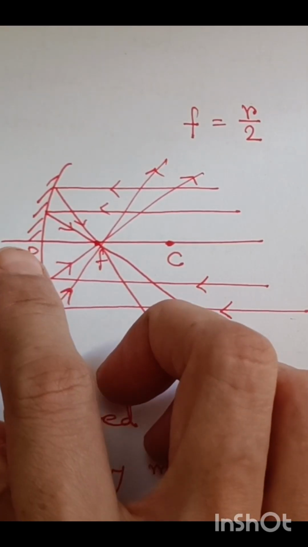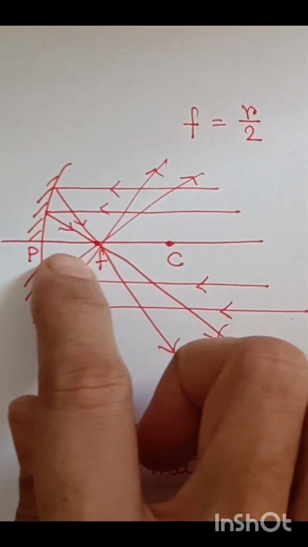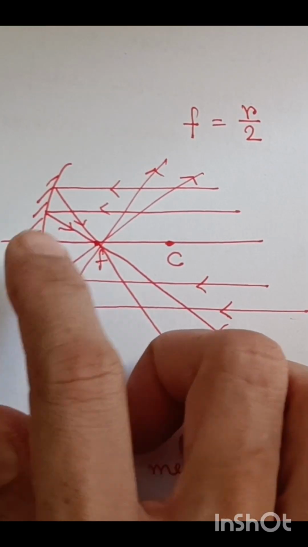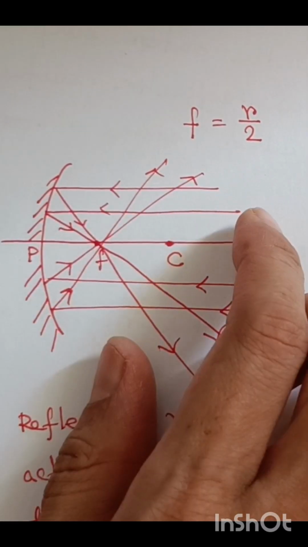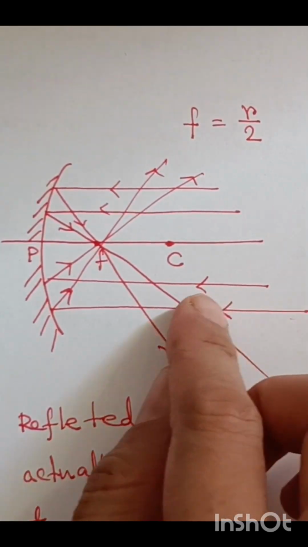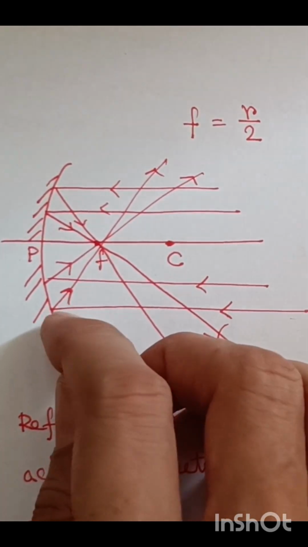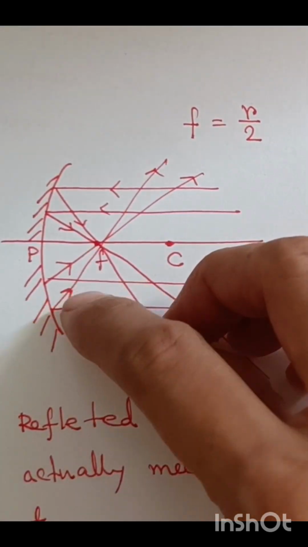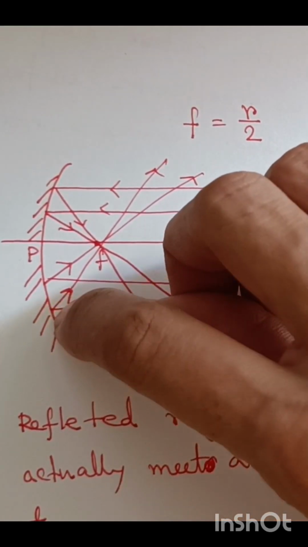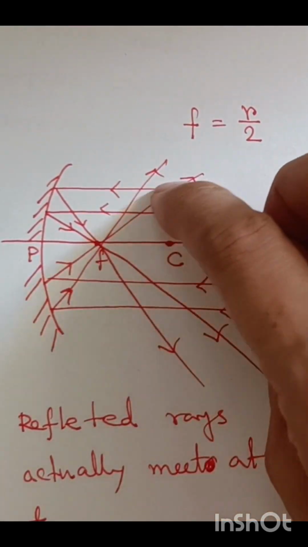See, this is a concave mirror. PC is the principal axis of this mirror. The parallel rays are coming this way, and after reflection on the mirror, they go out this way.